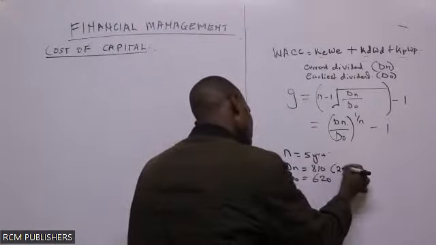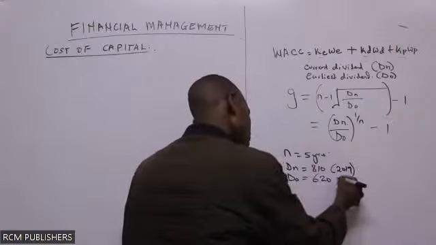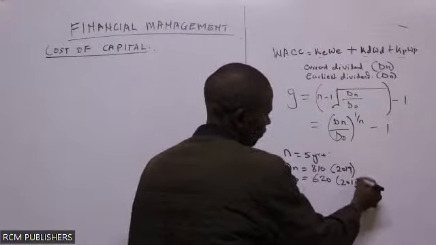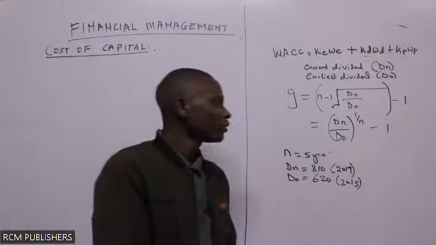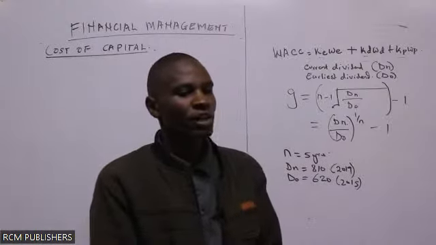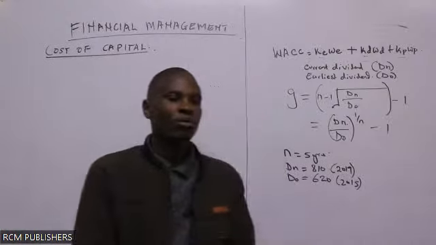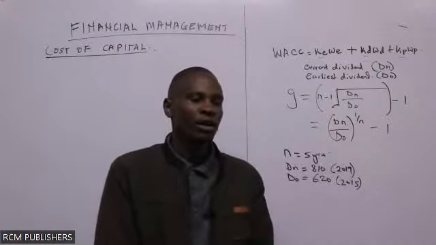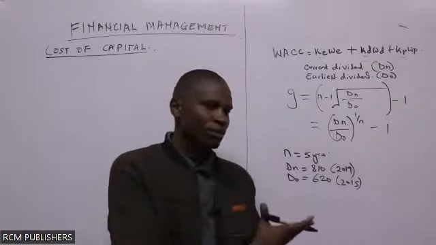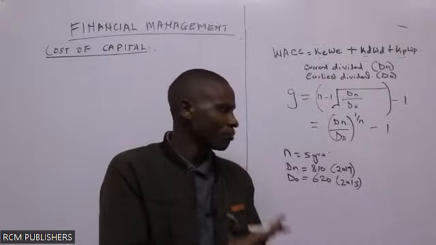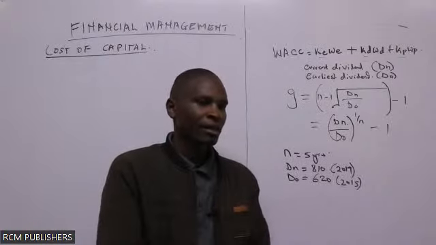Current is 2019, earliest is 2015. Now, can you compute for me the growth rate using either of the formulas? Let me now see whether you people remember. At least you have remembered what we had done earlier.